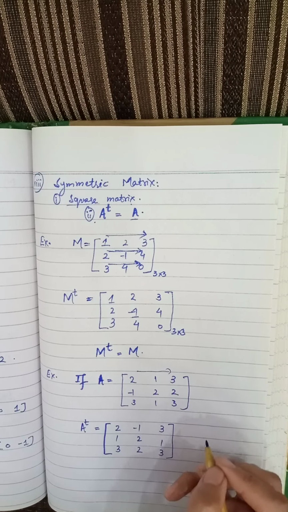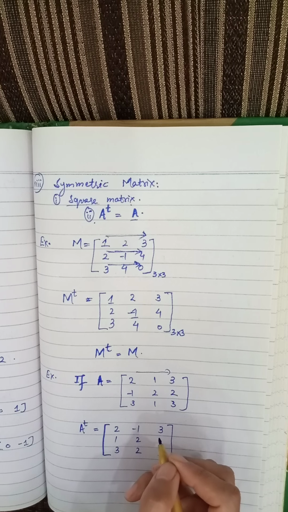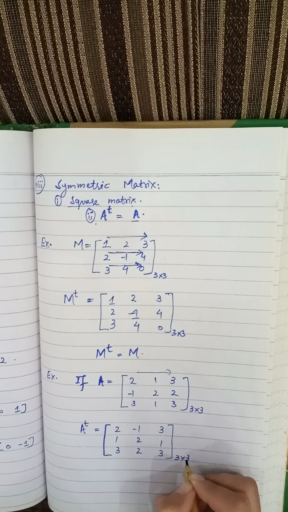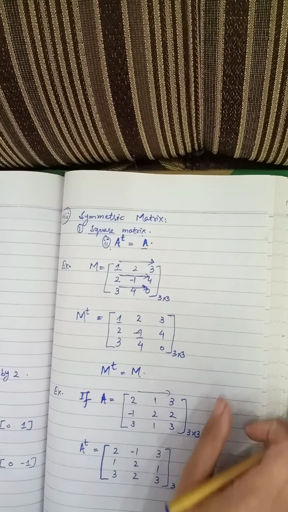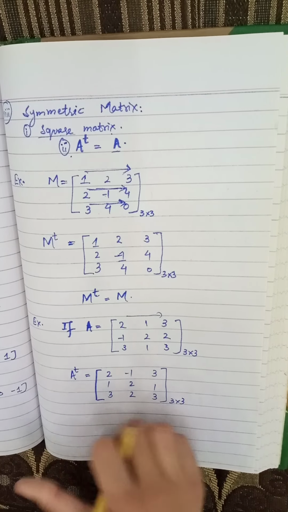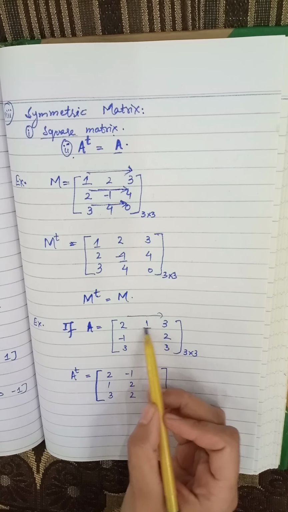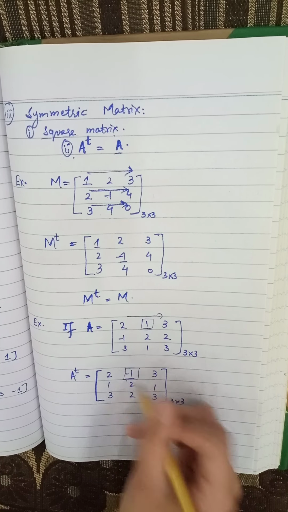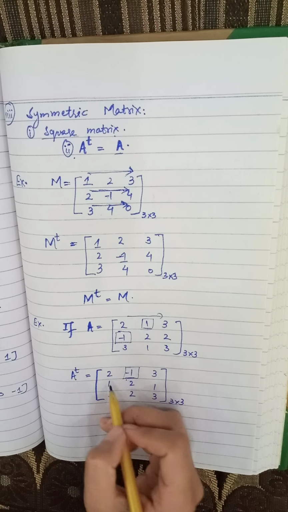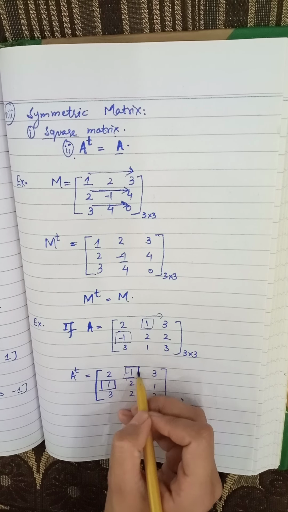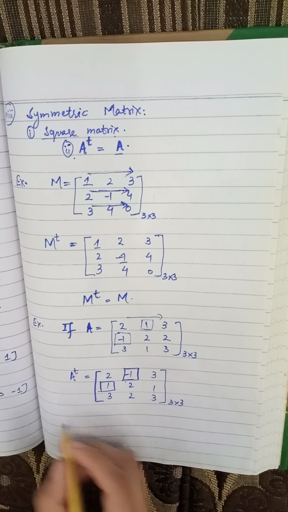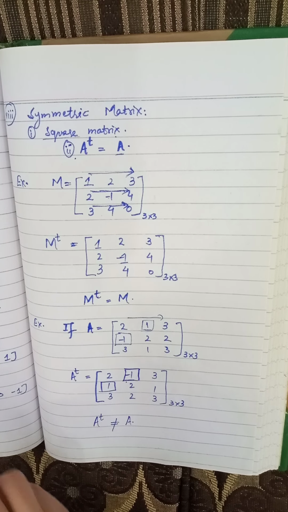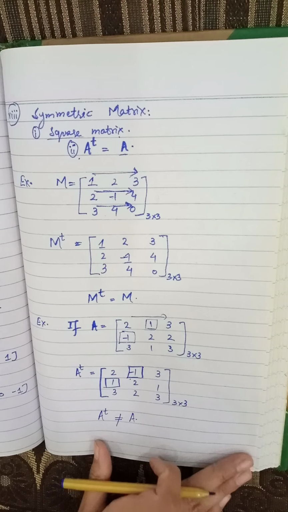You can see that these are not the same. Both are square matrices, but which thing is not the same? The second entry differs. You can see that this entry differs as well as this one. So we can say that A transpose is not equal to A, so A is not a symmetric matrix.